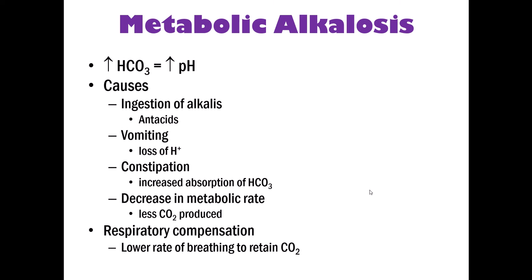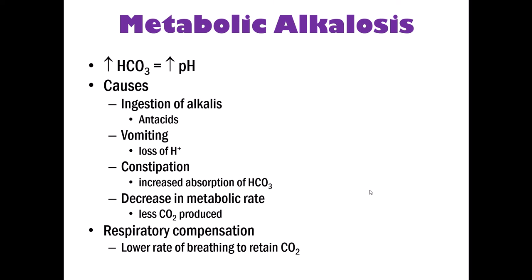Or if you're constipated, because the feces contain a lot of bicarbonate ions, and since we're retaining them, that can drive up our blood pH. Or if you have a decrease in metabolic rate, let's say you have a slow metabolism, that means less carbon dioxide is being produced, which could drive up your blood pH.